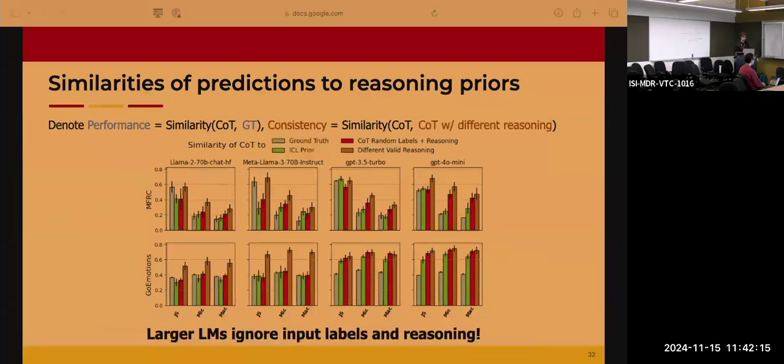So it shows you that larger language models not only tend to ignore input labels, but they also tend to ignore your reasoning.